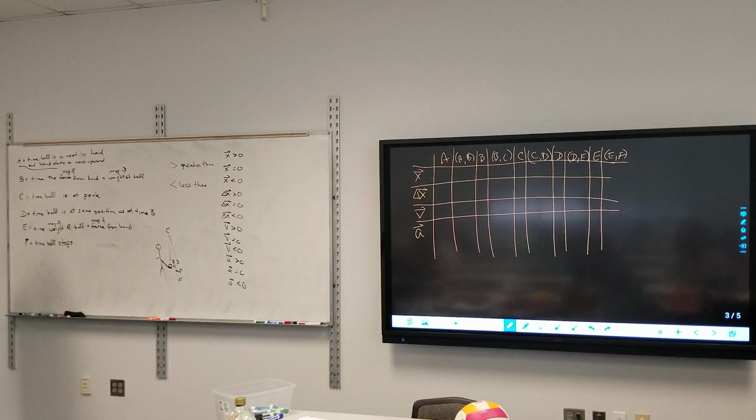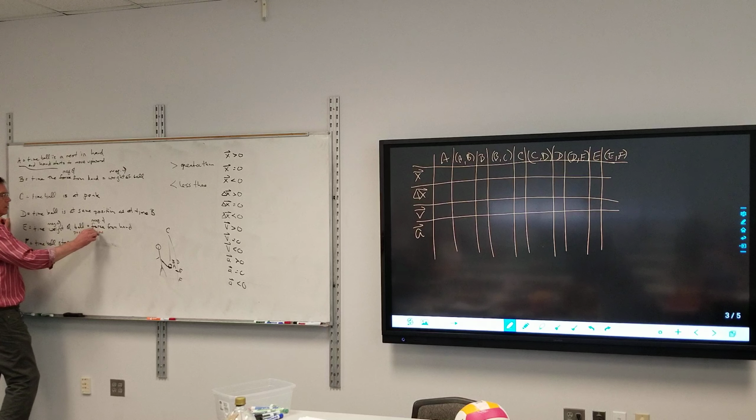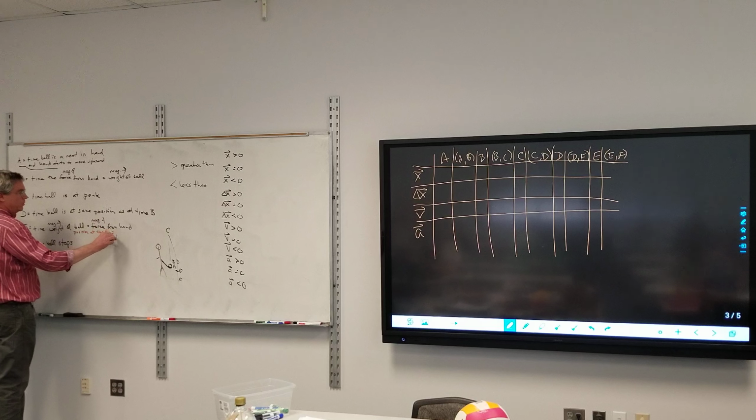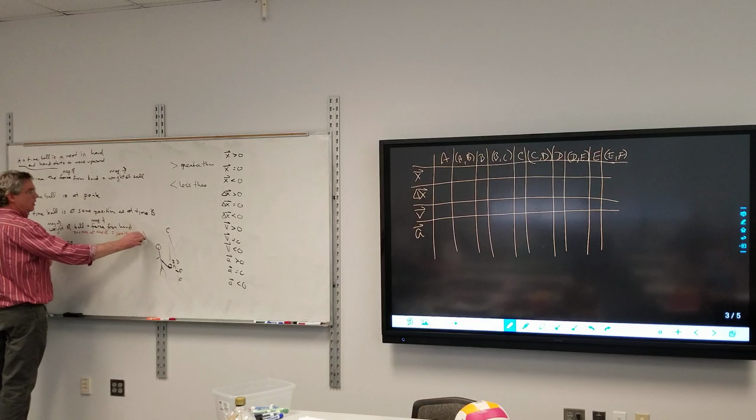Let's see. You should just let it hit the ground. Just make E, position at time E equals position at A.